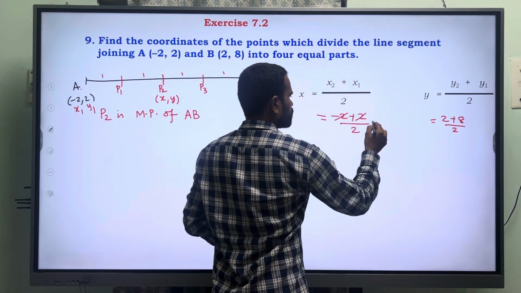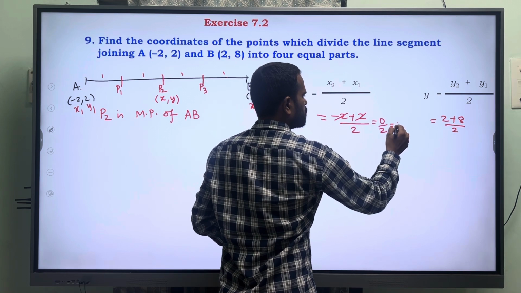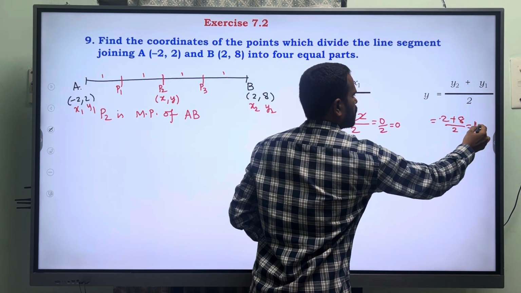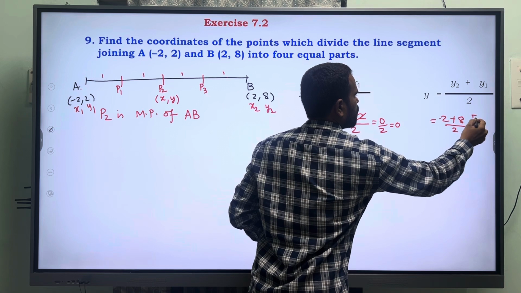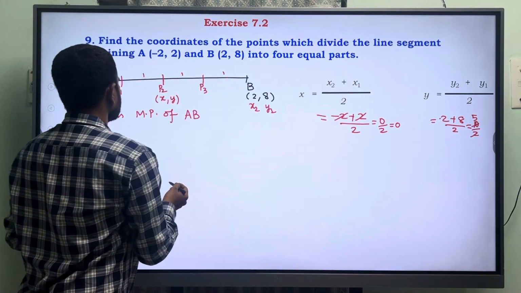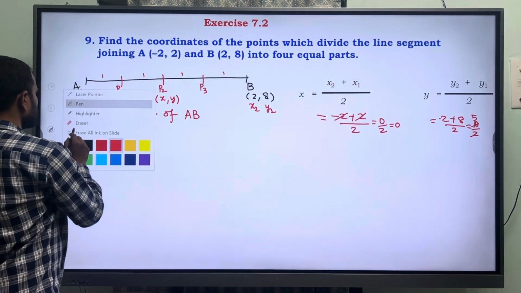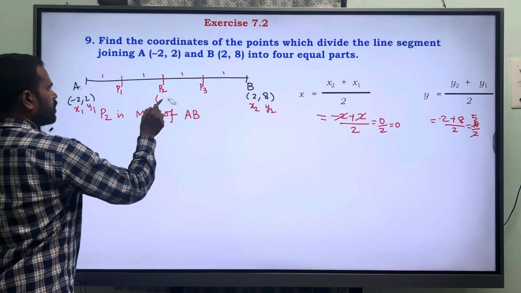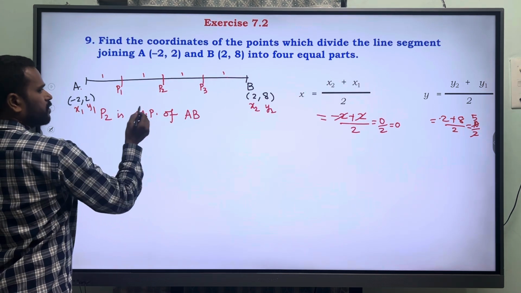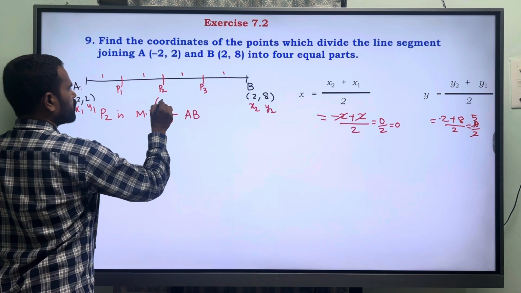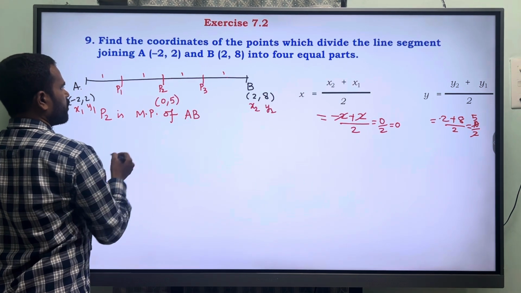So 2 minus 2, 0 by 2 is 0, 2 plus 8, 10 by 2, 2 ones are 2, 5s are 5. So what is the coordinates here? It is 0 comma 5.